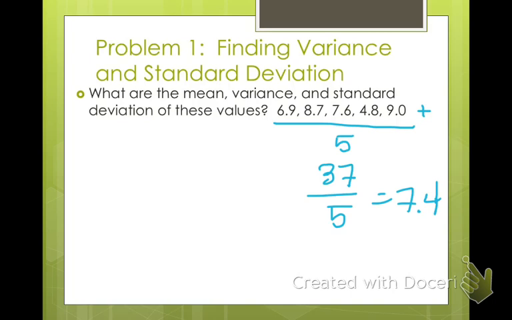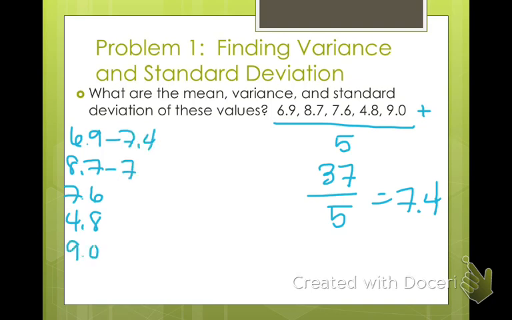Now what we're going to do next is take all of the numbers, 6.9, 8.7, 7.6, 4.8, 9.0, and subtract our mean. But we're going to end up with positive numbers because they're going to be squared in a second, so don't worry too much about negatives.